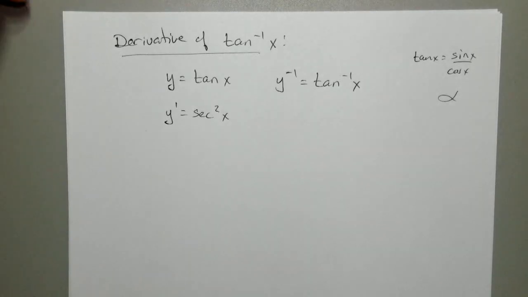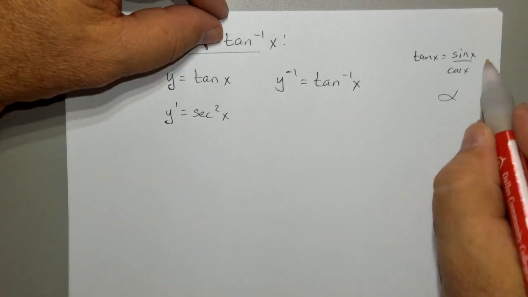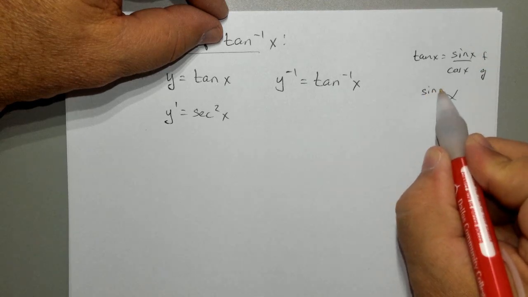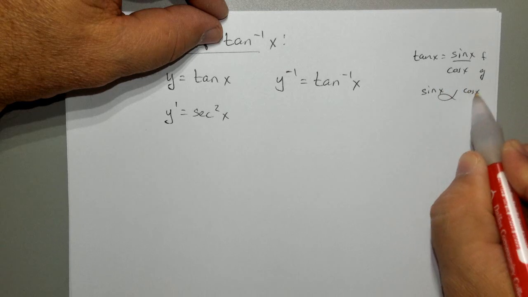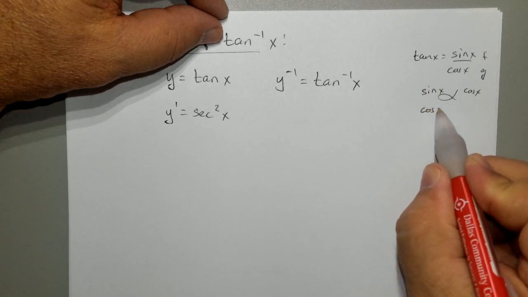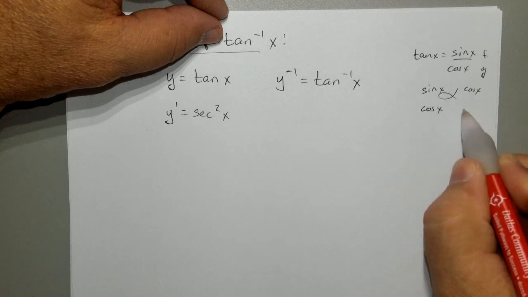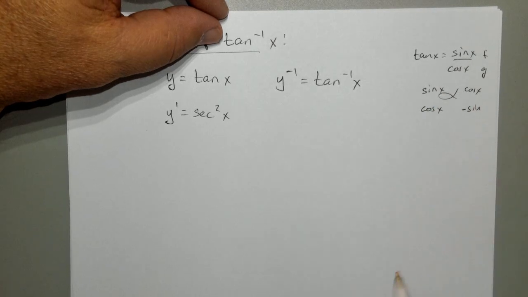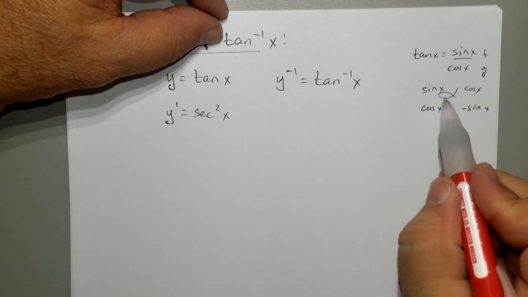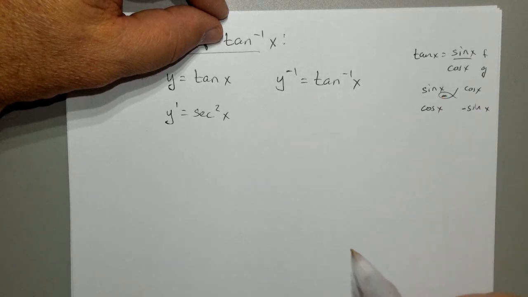But for review, let's do it again. We have the top and the bottom, sine x and cosine x, that's f and g. The derivative of sine is cosine. Derivative of cosine is negative sine. Since this is the quotient, we subtract them.